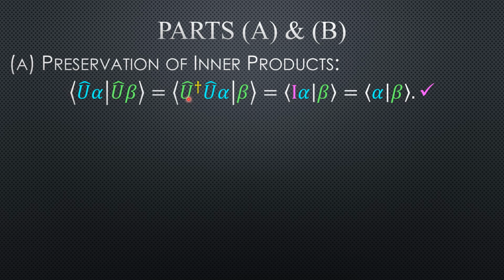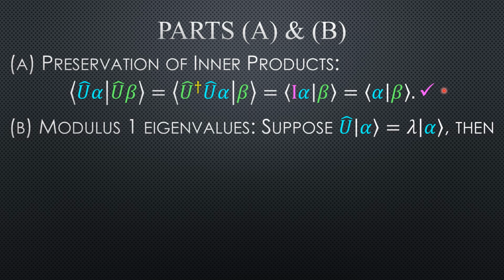Now, since the dagger is here, we can use the definition of unitary, and we know that U†U equals the identity matrix, but with the identity acting on the beta vector, we know that we get back to ⟨α|β⟩, and thus we preserve the inner product.